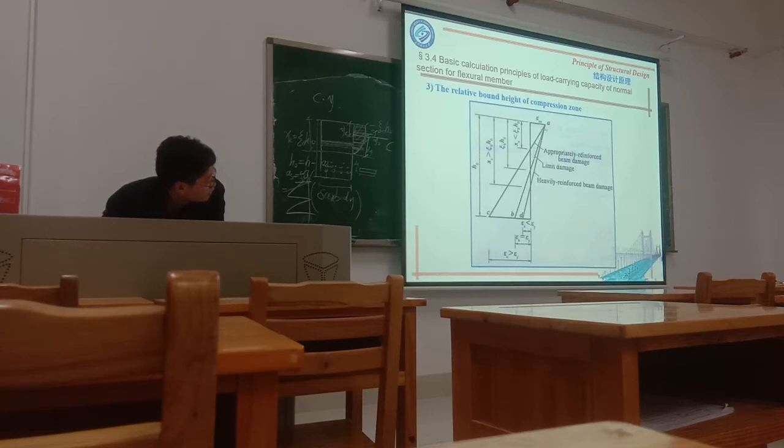Actually, for this slope line AC, it is appropriate reinforcement; the earlier statement was wrong. And the line in the middle, AB, is the limit situation, the limit boundary for the reinforcement. And above this AB line means the over-reinforcement situation.